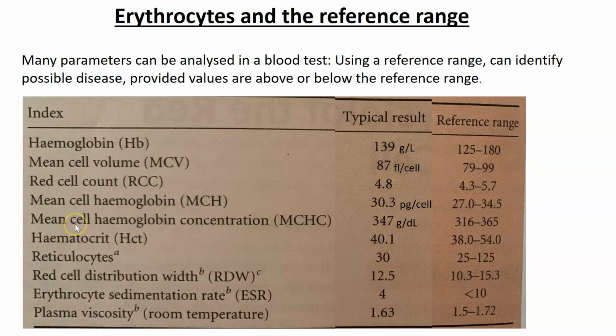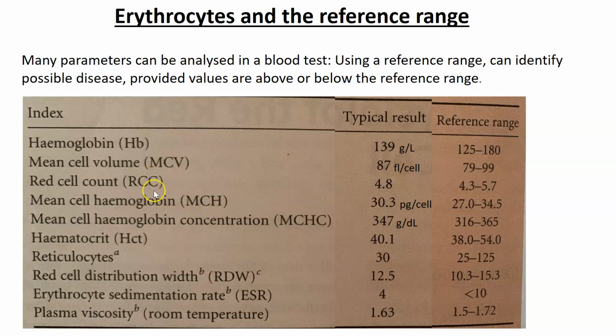As far as the mean cell hemoglobin concentration is concerned, it can be low, normal, or high with respect to the reference range, and the red blood cell number could be normal. If the concentration of hemoglobin is high and the red cell number is normal, it could still be quite normal.